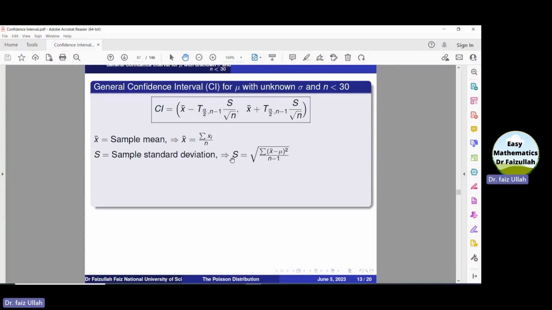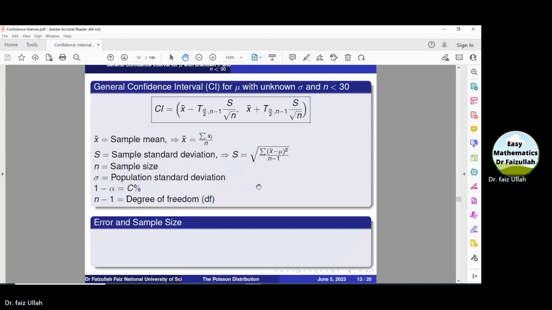Here x bar and s are same, and to find the value of alpha we have to put 1 minus alpha is equal to the required percentage which will be given in the question. This n minus 1 is called degree of freedom. It is needed in the table of t distribution.